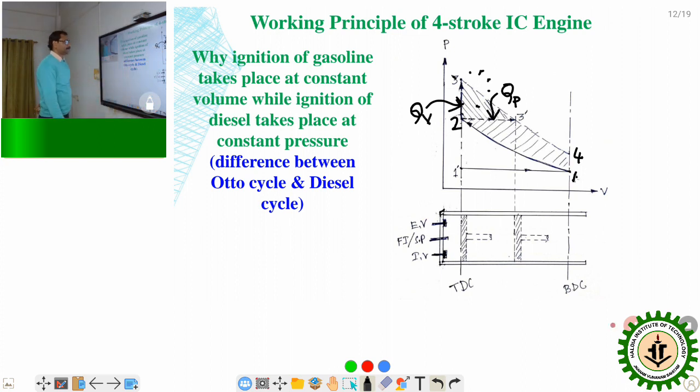Why? The reason is that in case of petrol, the ignition temperature is very low. So at the end of the compression stroke, sparking will be there. Suddenly the charge will be ignited within a fraction of a second, so the piston will not get time to move backward, and suddenly the pressure will increase from 2 to 3.